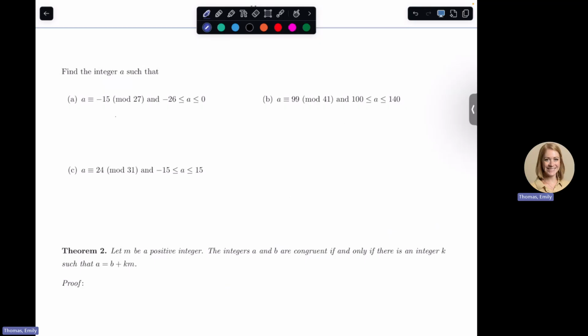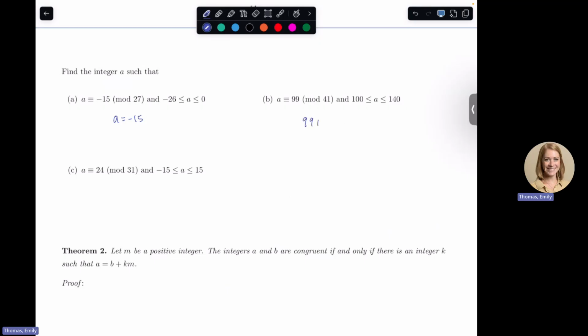Emily's not convinced, but she'll get it on the next one. This A is equal to -15. On this one, we want to be congruent to 99 mod 41, and I want my number to be between 100 and 140. It's 140. Why?